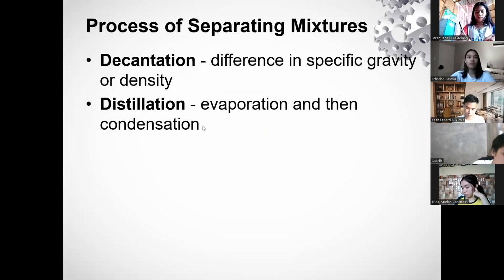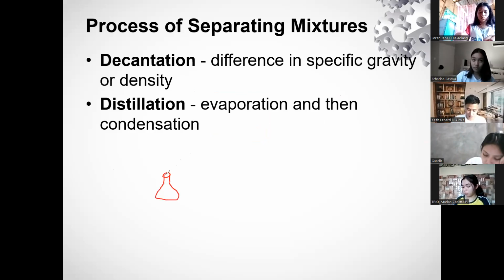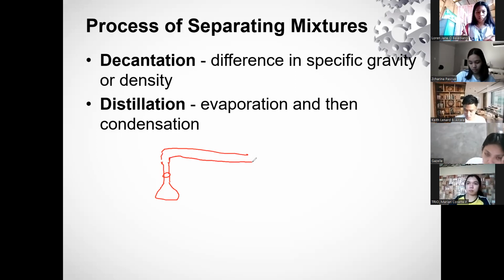And then we have the distillation process. I'm not sure if you are familiar with the distillation process though, pero murag maglisod ko growing ana. Example, you have here the Erlenmeyer flask. This is connected with a connector to the condenser, and then meron tayong a receiver, another Erlenmeyer flask here.